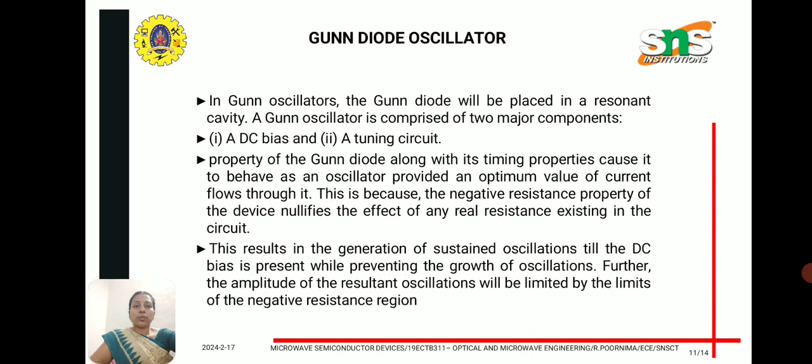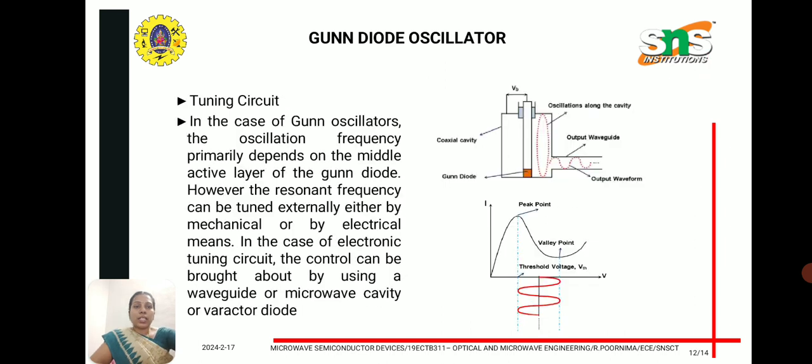To make Gunn oscillators, we need a Gunn diode placed inside a resonant cavity. There are two major components: a DC bias circuit and a tuning circuit. This is necessary for maintaining sustained oscillations. Here we can see the Gunn diode placed inside a coaxial cavity.